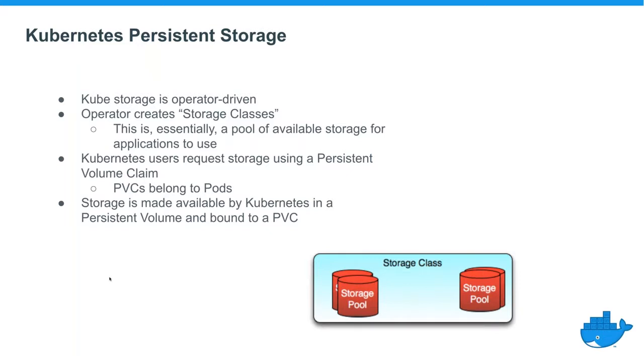And I'll show you an example of a storage class as we get started with the demo part. But basically it's your system administrator creating a storage pool available for your applications to use. Typically they'll make one of them a default storage class, but if you have multiples, you can set up several different storage classes that are available for use.